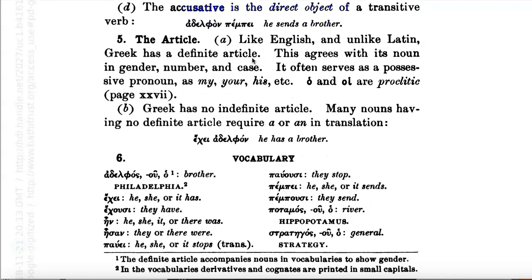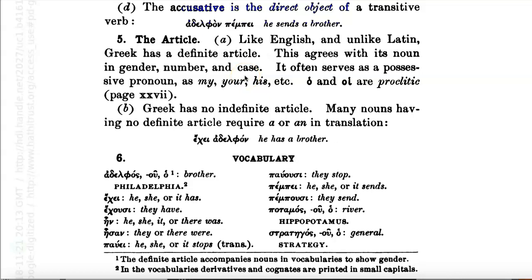Okay, number 5, the article. Like English, and unlike Latin, Greek has a definite article. The definite article is the grammar name for the word the. Latin has no the. English has a the. And when you use the article, it must agree with its noun in gender, number, and case.